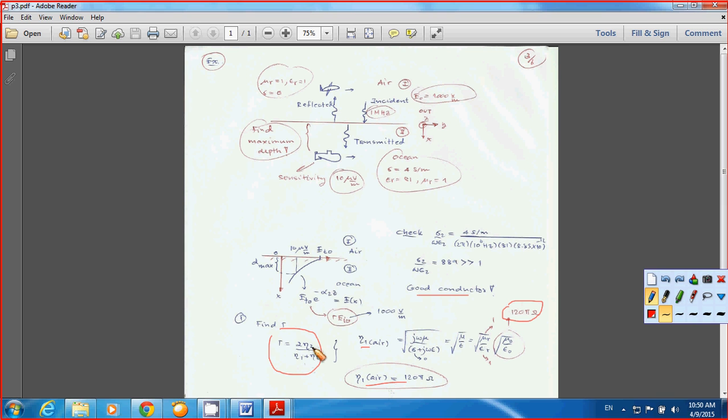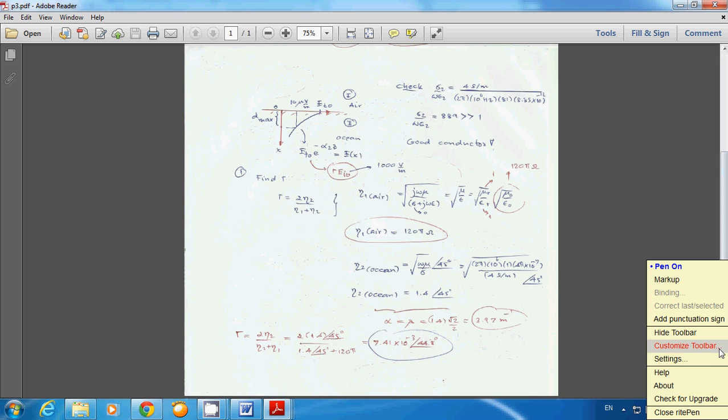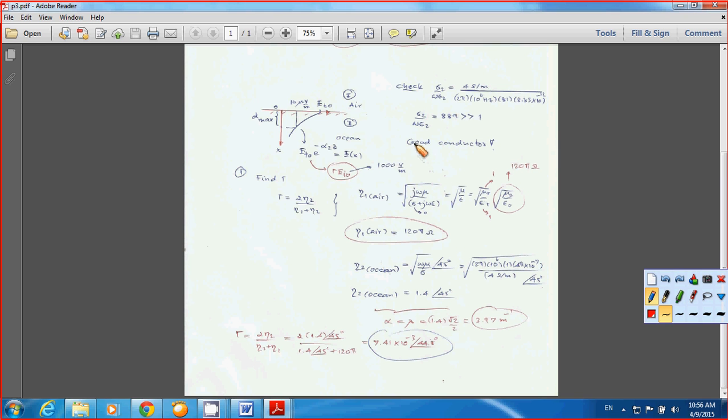Now let's move on to find eta 2 to be able to find tau. When you have already checked that the ocean is a good conductor at the frequency of 1 megahertz, you can approximate eta 2 to be the square root of omega mu over sigma, and the phase angle is 45 degrees.